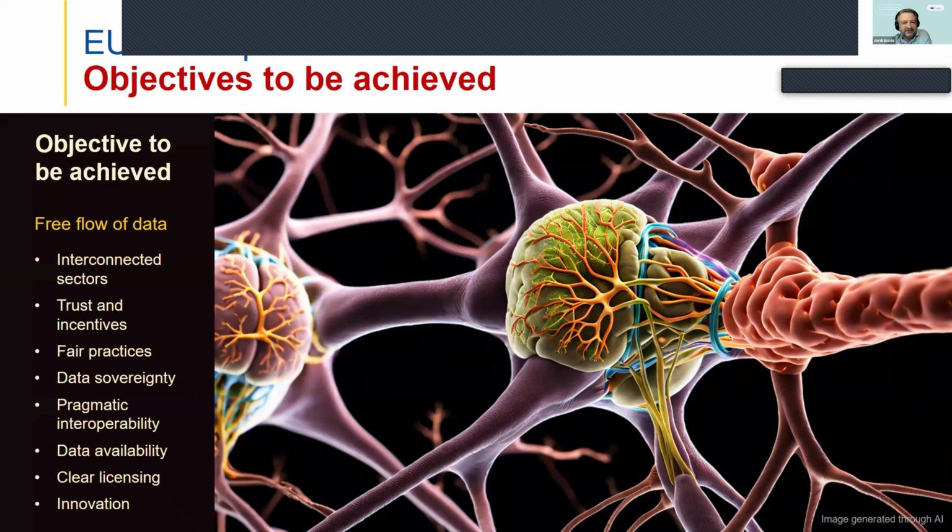So the objective is to have a brain which is sane, and where we have all the sectors interconnected with mechanisms in order to push for data sharing, incentivizing it, and also providing elements giving trust for promoting this data sharing, with fair practices and rules in the market that address this data sharing, data sovereignty, pragmatic interoperability, which means not going beyond the primary objective in order to share the data, not overcomplicated in terms of standards as well, etc. So this means pragmatic.